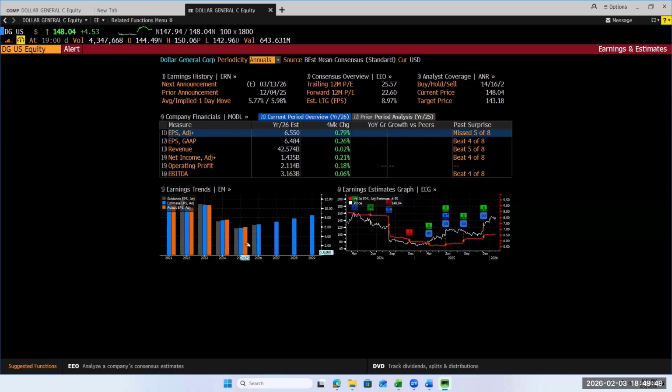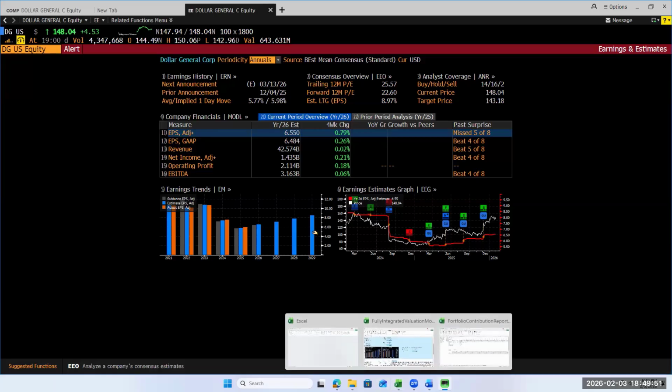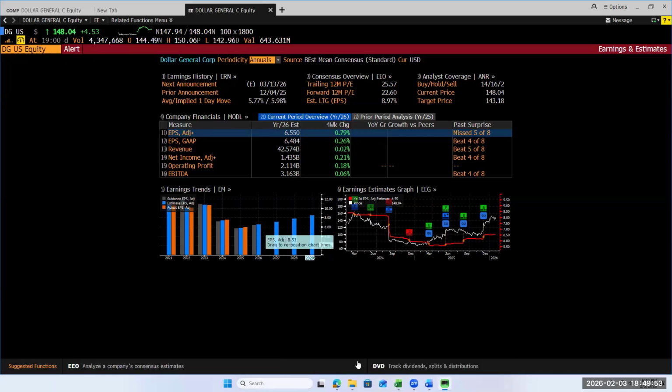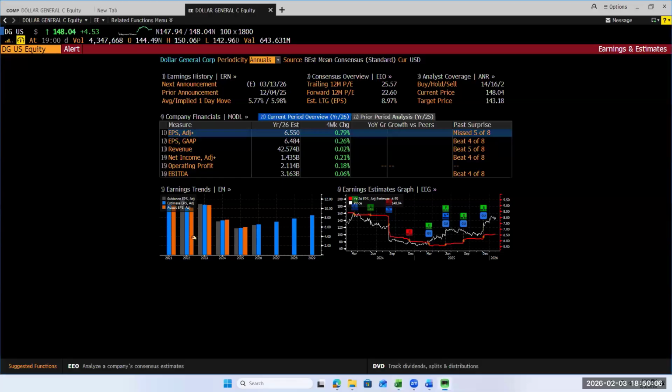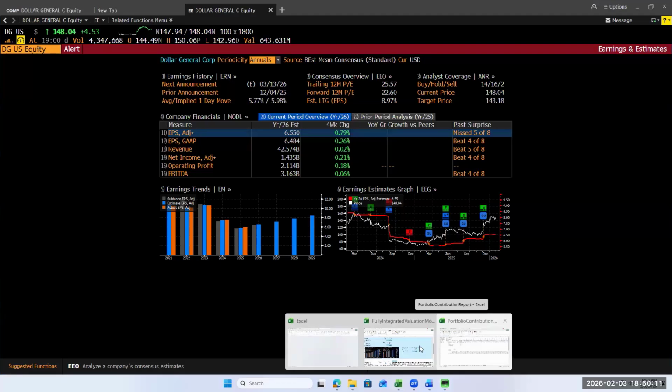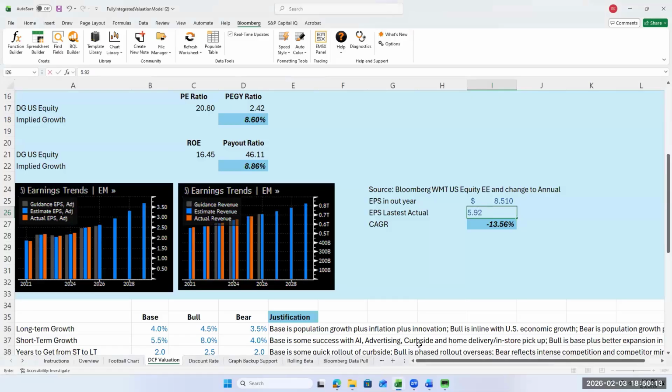You can put that into your Excel as well. 851, versus the last year available, which was 592. So you're seeing a lot of expectations of growth in the 8%, 9% range.